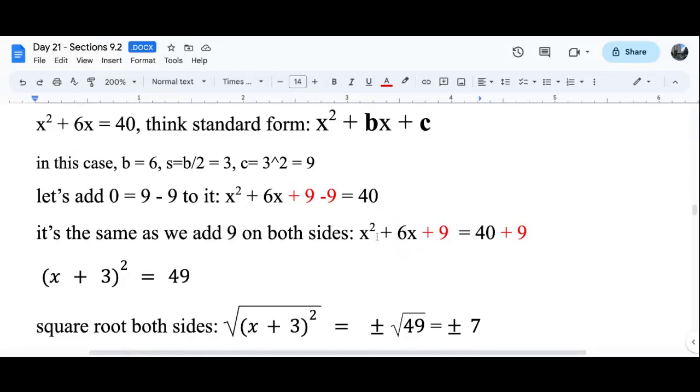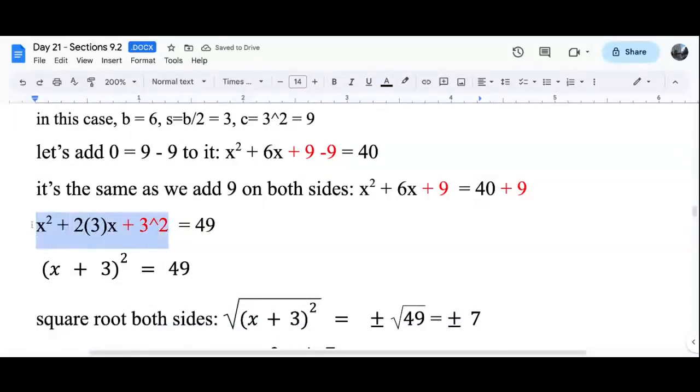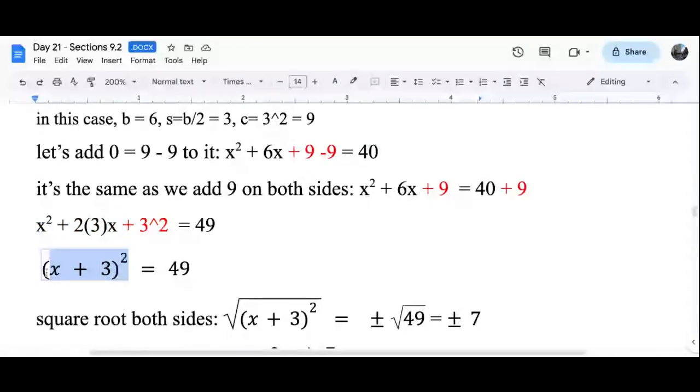And we see 6x is 2 times 3 times x, and 9 is just 3 squared, so we have the a squared plus 2ab plus b squared form. Then this gives us a perfect square, that's (x plus 3) squared equals 49.